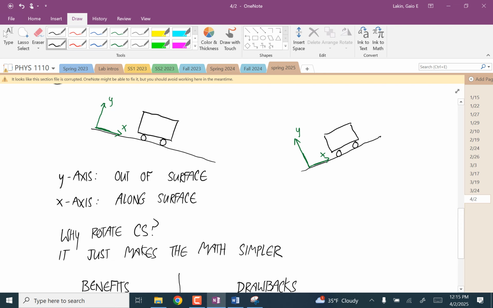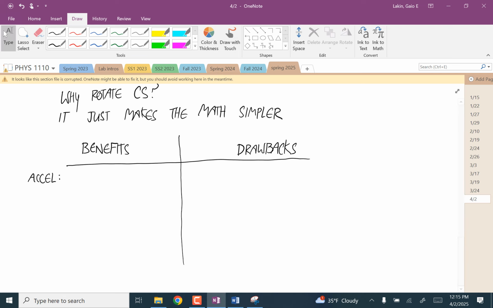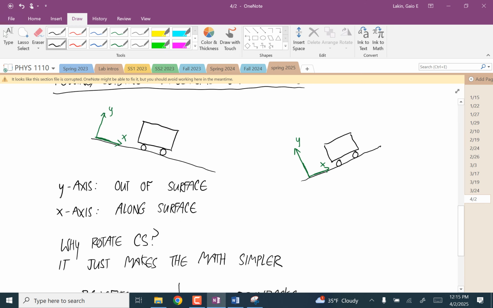That would not be impossible, but it makes it a mess. So one of the benefits of using this rotated coordinate system is the acceleration is always just going to be a, 0. Nice and simple. Since the x-axis is along the incline, we can always just say it's along the x-axis.